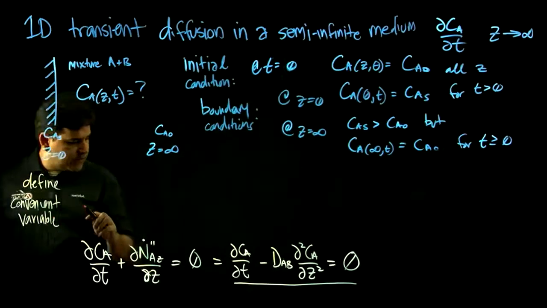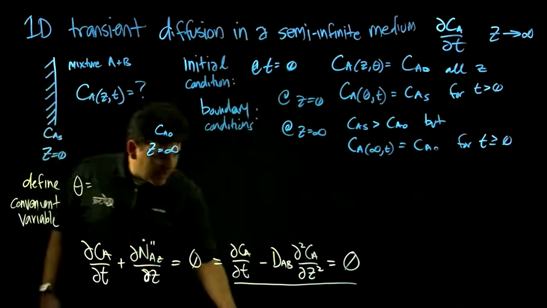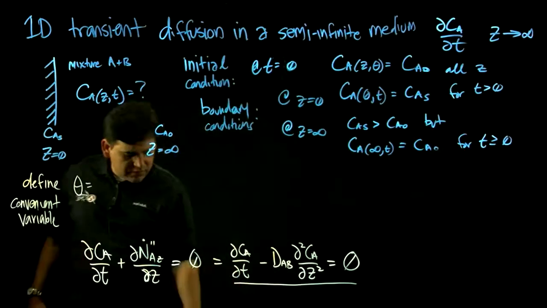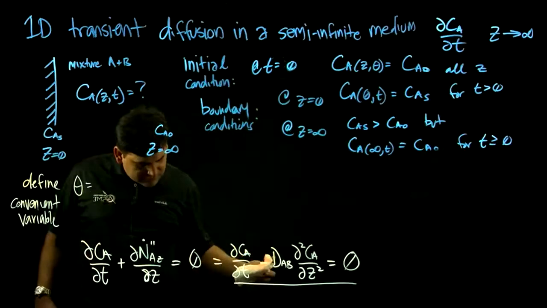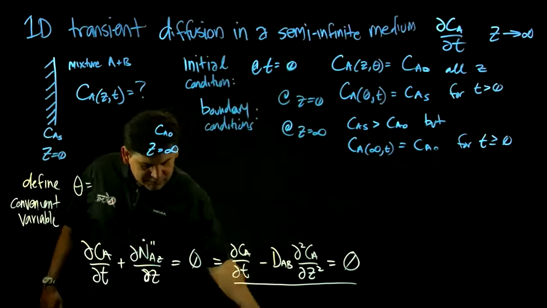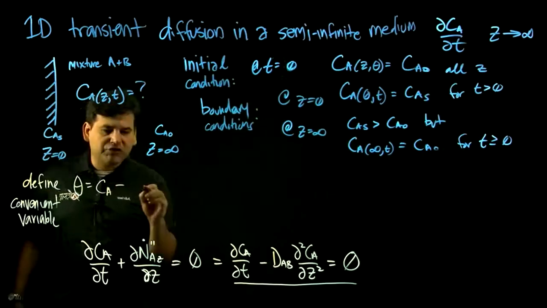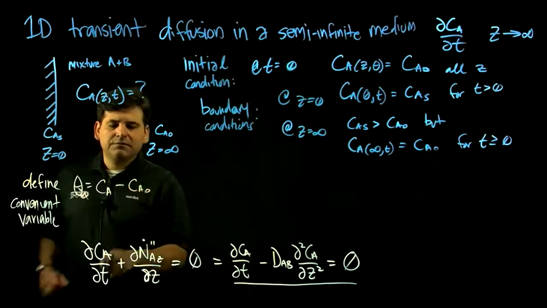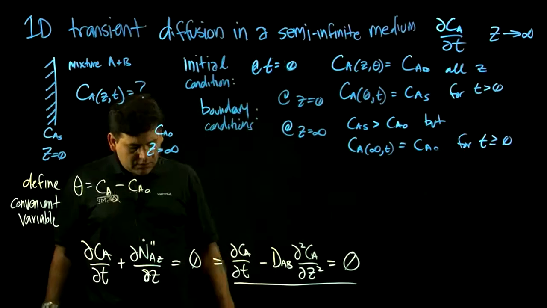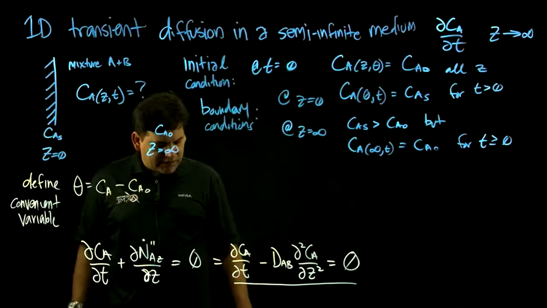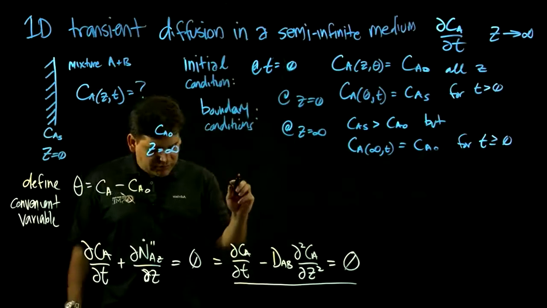Let's call it phi, which is the actual concentration minus the far stream concentration. When you do that, you get a different differential equation, similar but different.